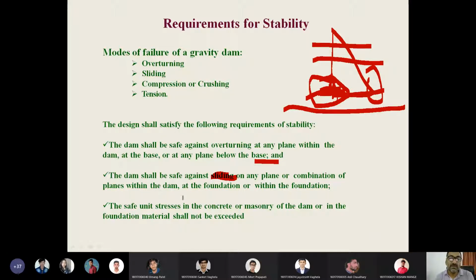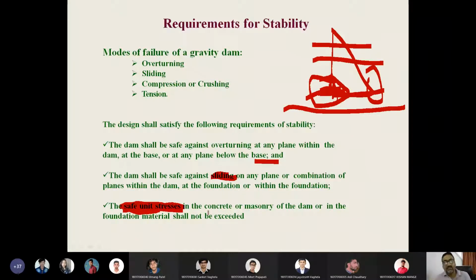The dam shall be safe against sliding on any plane or combination of planes. Two planes we can take in combination, within the dam, the foundation, or within the foundation. The safe unit stresses in the concrete or masonry of the dam or in the foundation material shall not be exceeded.